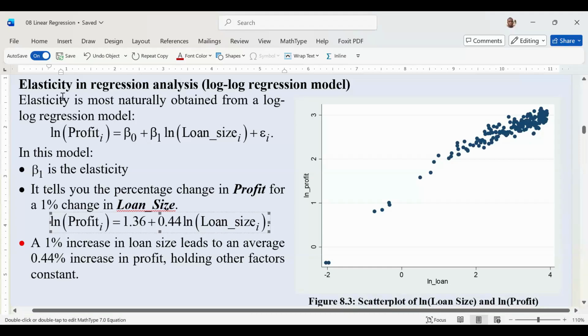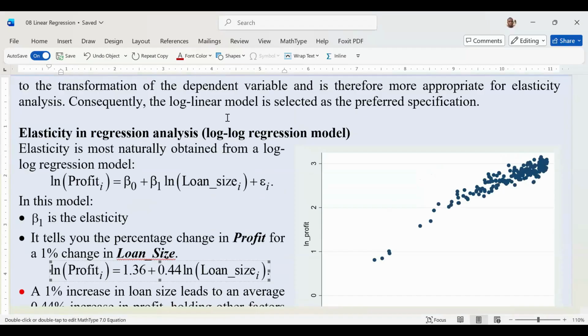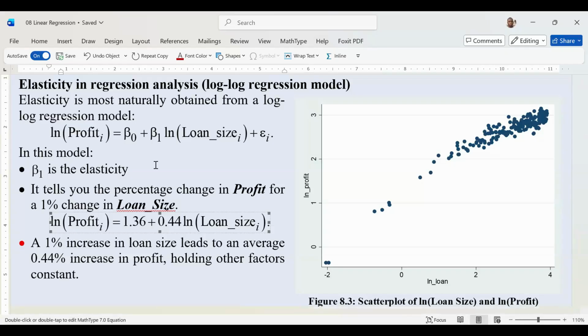But why do we call this elasticity in regression analysis? Who can tell me? The log-log model is called elasticity in regression analysis, and the beta one is called the elasticity. That's the name given to it. That's when you run the log-log model.